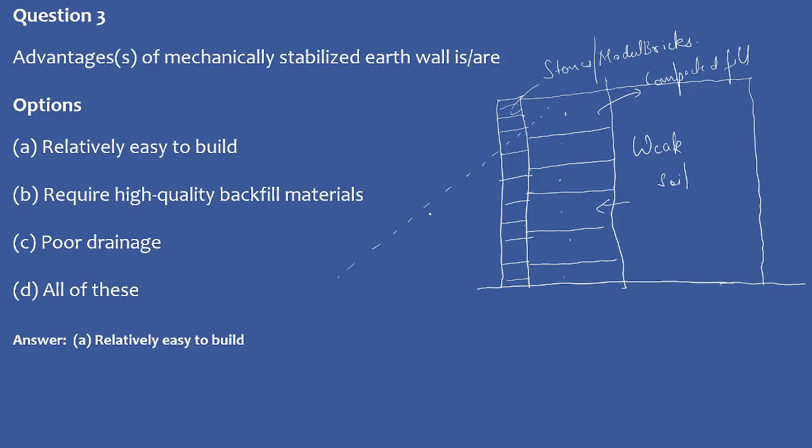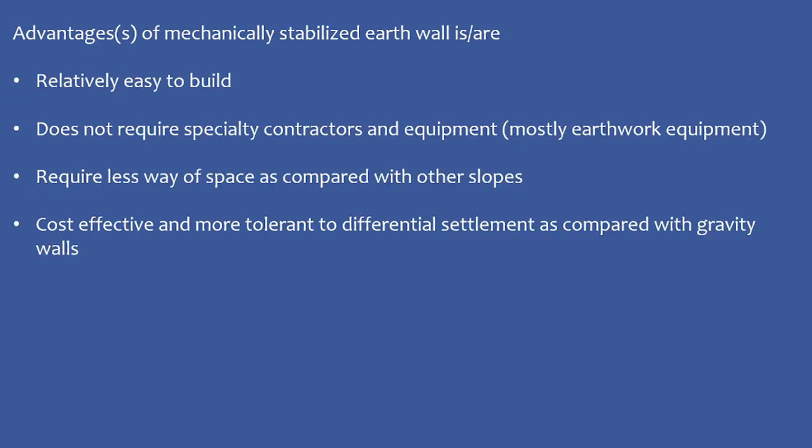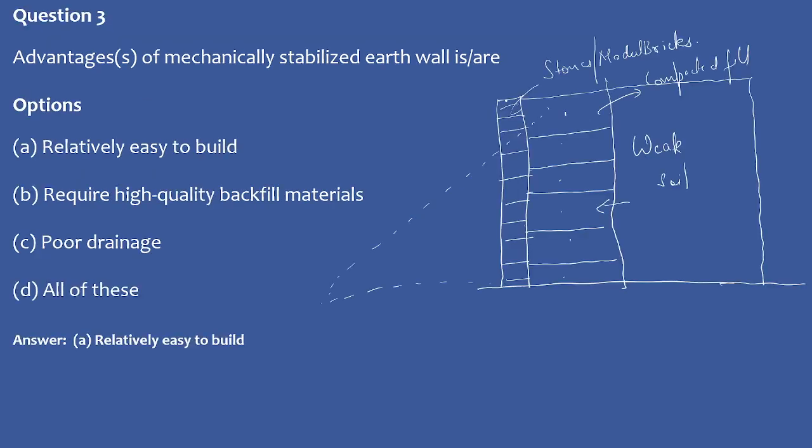So this extra space can be prevented if we introduce mechanically stabilized earth walls. And since it does not require special contractors and doesn't require the extra space, definitely we are having a reduction in the cost.